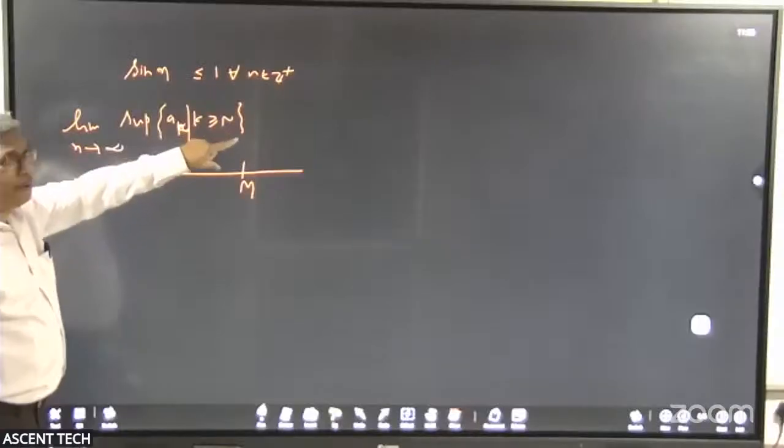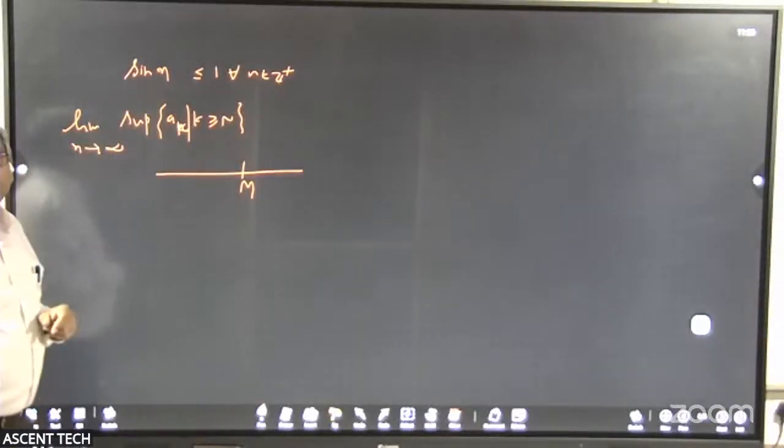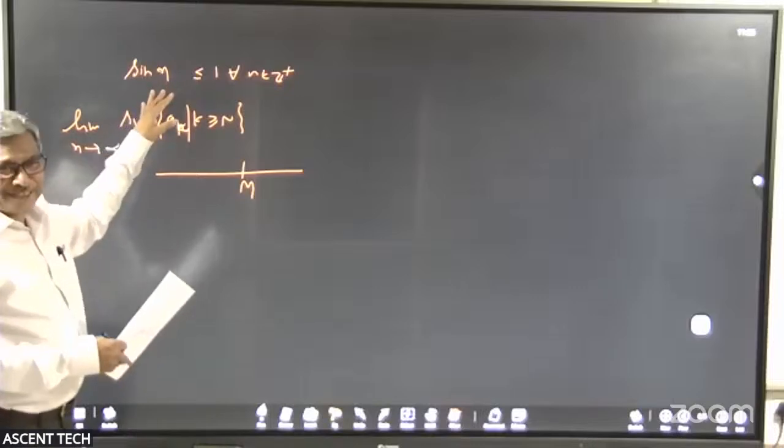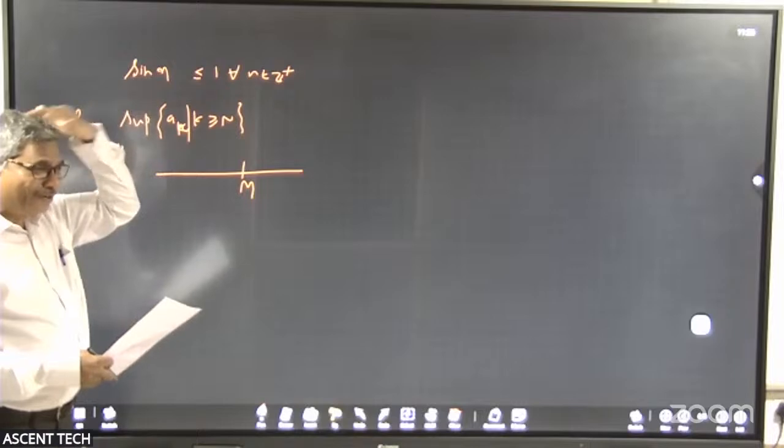You take the supremum, and then you bring in the limit. So it's the limit supremum. You take all the tail subsequences and take the supremum of that and the limit of that. So you can naturally say 1 will be there at some point of time, and that becomes your limit supremum.